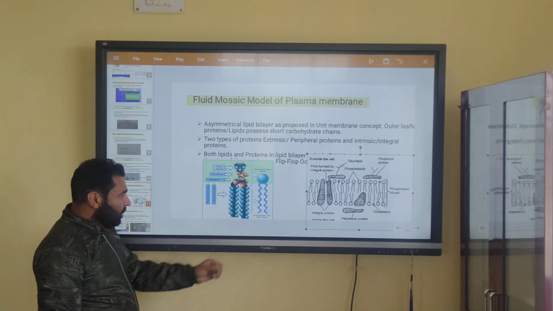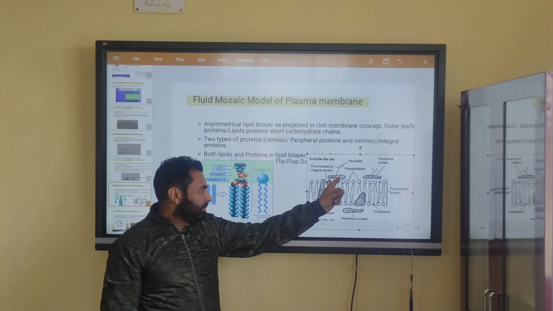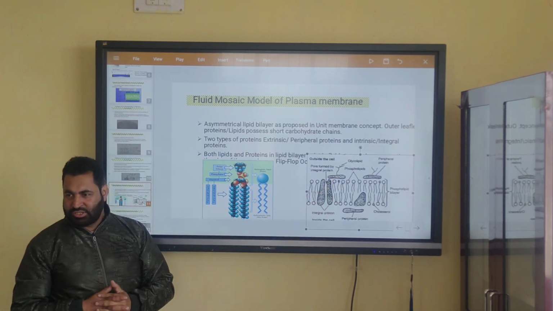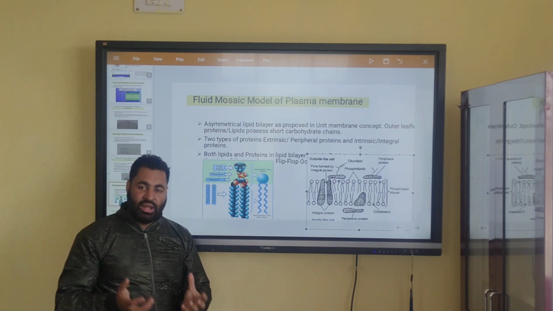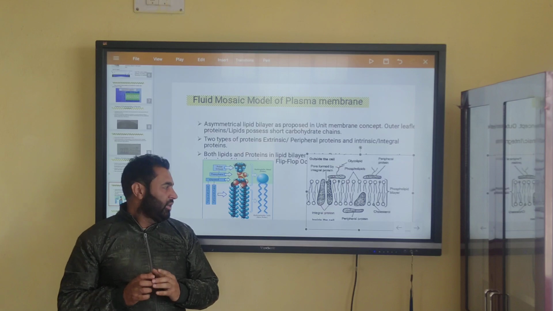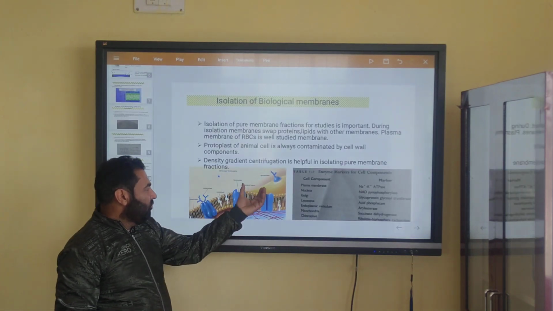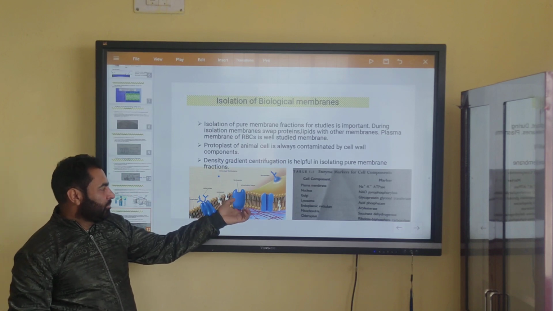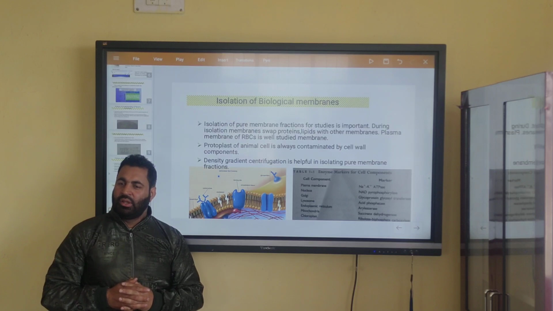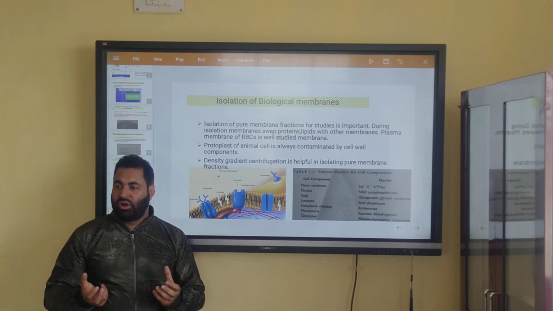What is the function of these proteins? We have peripheral proteins and integral membrane proteins. Their functions can be transporters, they can be ligands. And one thing to be noted: once we are extracting the proteins from the membranes, how can we assess whether that extracted membrane, endomembrane, is pure or not?